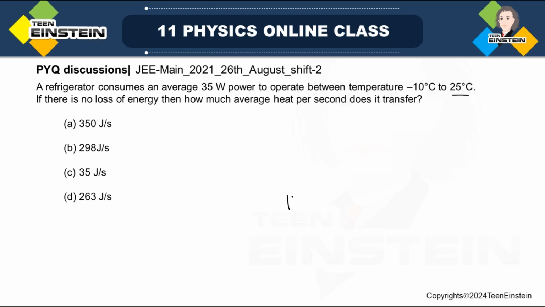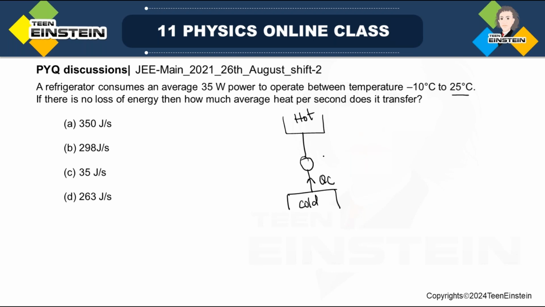As you know, if I draw a heat flow diagram, how does it happen? Suppose this is the cold reservoir, or cold environment, from where the heat is being extracted by the refrigerator, and let us say that amount of heat is QC, and what it does is reject the heat from the cold reservoir to the hot reservoir.